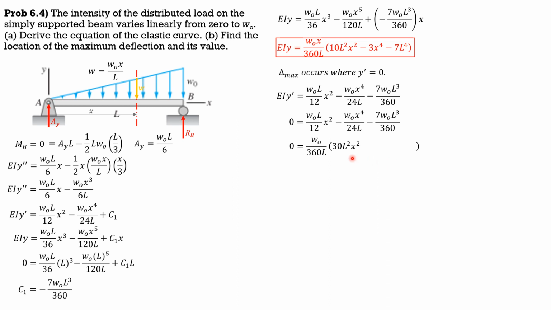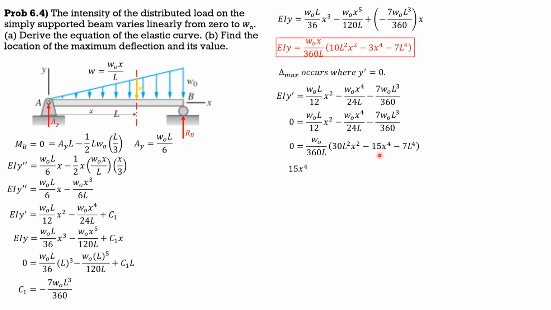Then we have for the first term 30L squared x squared. For the second term, negative 15x to the fourth. And for the last term, negative 7L to the fourth. So we set this quantity here to 0, but let's rearrange.